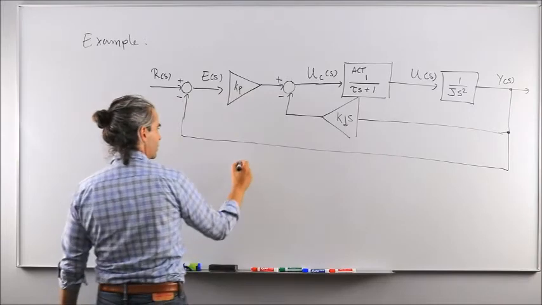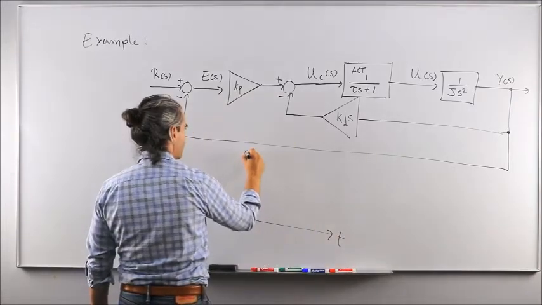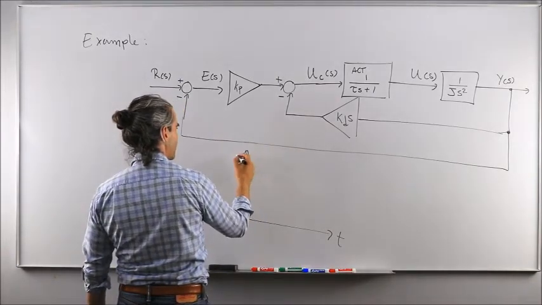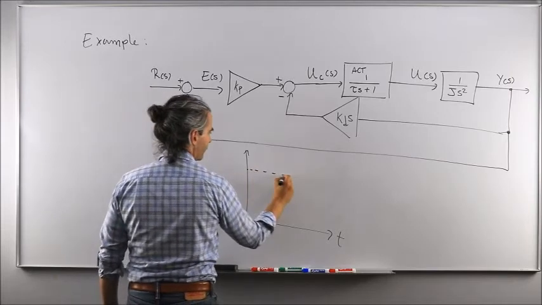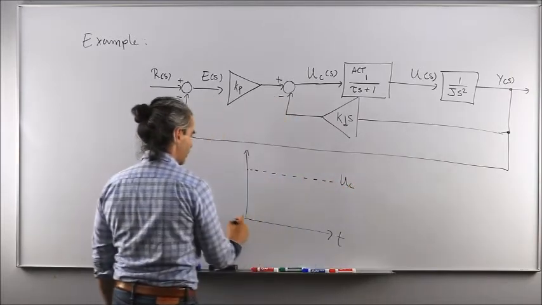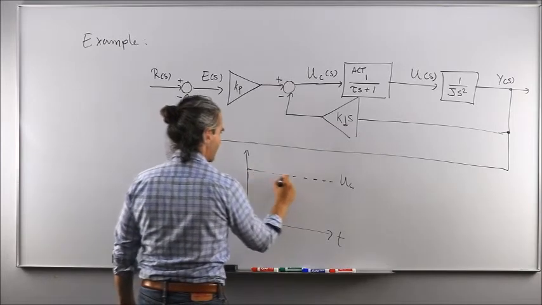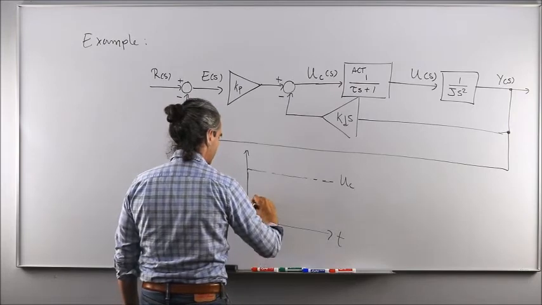So the relationship between both is going to be a first order transfer function with a rise time or response time. So if this is UC coming from the controller, a sharp step command, well, the actuator will need some time to respond to that.